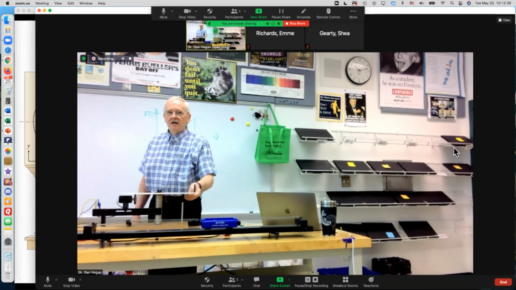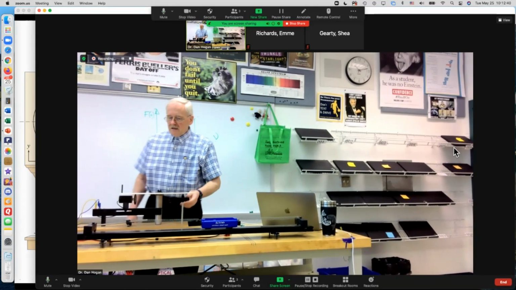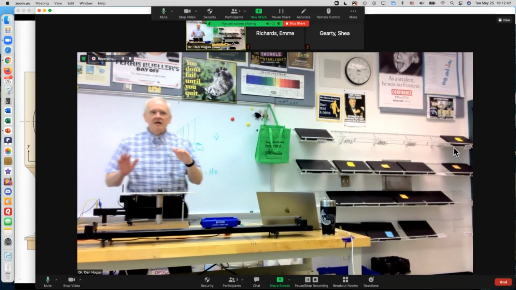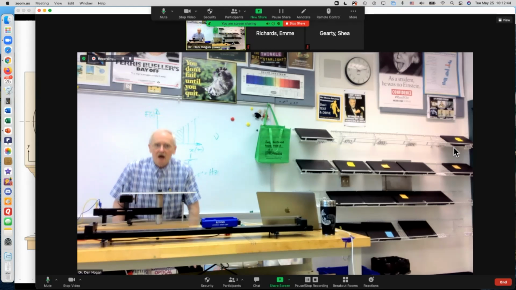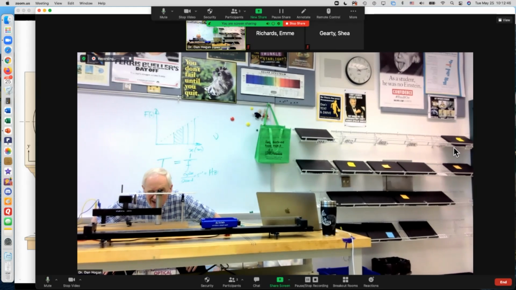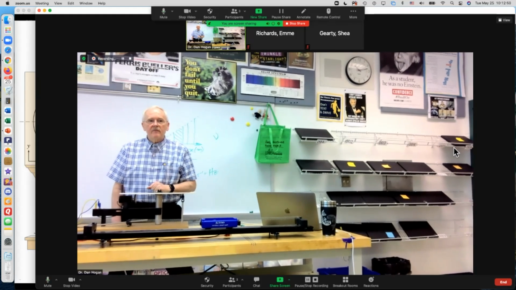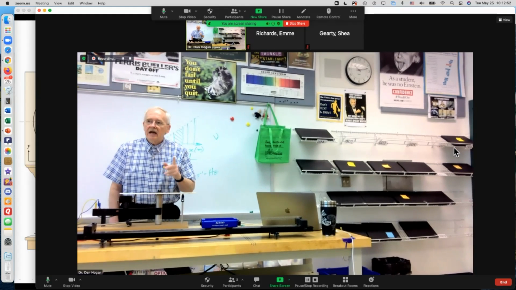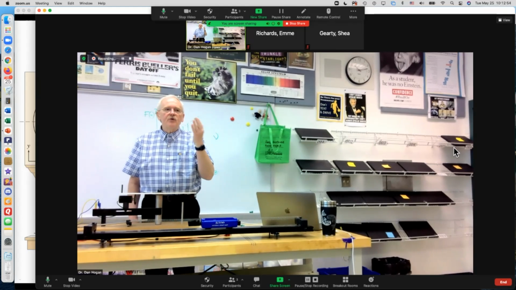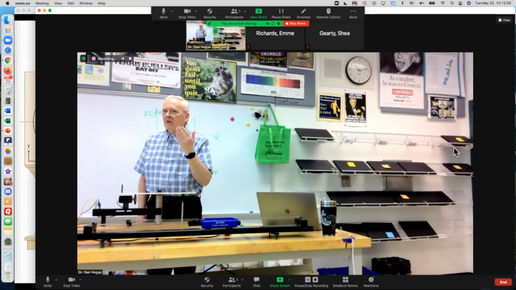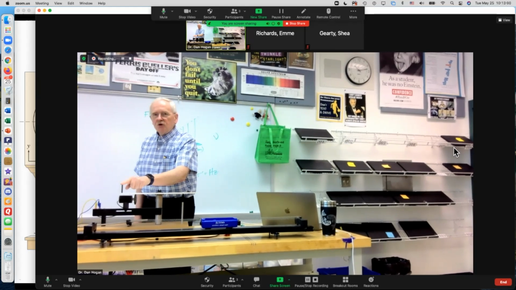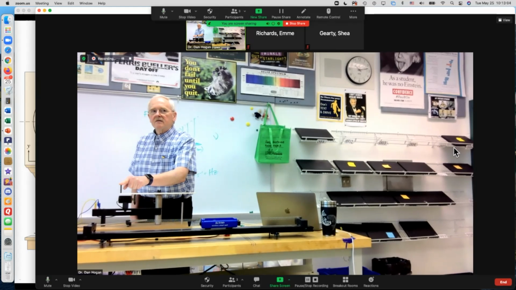Really? So you can see it at that point? Yeah. All right. So what I'm going to do is ask you to cover one eye, right? And then I want you to get down at the level of this. And the reason I want you to cover one eye is to get rid of your three-dimensional perspective. Because what I'm going to ask you to do is think about the motion of this peg in 2 dimensions, right?